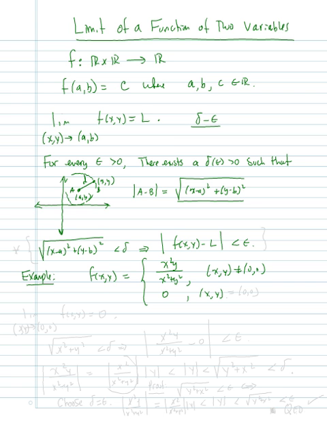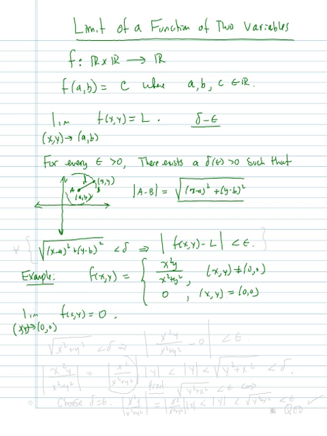So one might be interested in saying whether this limit exists. So we have the limit as (x, y) approaches (0, 0) of f of (x, y). Is that in fact equal to 0? And it might be reasonable to think that this limit equals 0 because at the origin the function is defined to be 0.